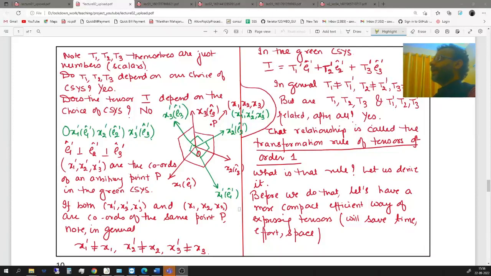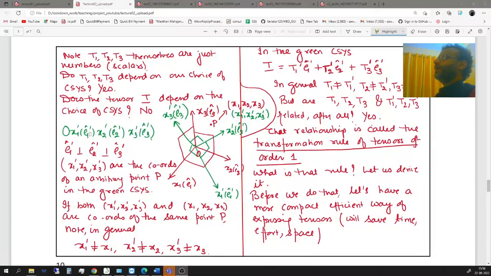So I have now two coordinate systems as you see on the slide. One is the red coordinate system, which is the same as what I was using on the previous slides, and now I have another new coordinate system drawn in green color, and that coordinate system shares the same origin as the red coordinate system. In my notation, the green one will appear as O x1 prime E1 prime, x2 prime E2 prime, and x3 prime E3 prime.